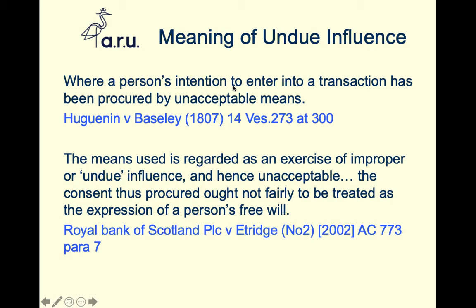That their intention to enter into the transaction is effectively nullified. They aren't intending to contract with full information and freedom of will because they're being pressured or coerced through unacceptable means. So we can see in 200 years we don't move very far forward in thinking about a new definition for undue influence.